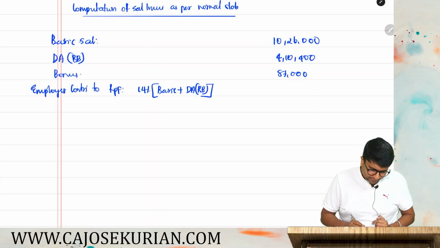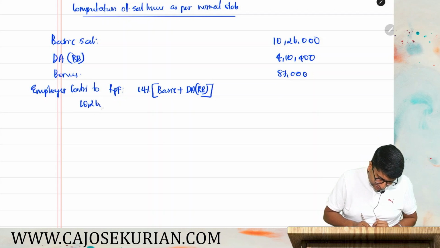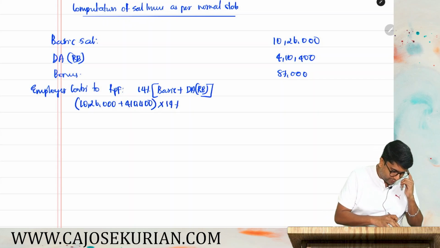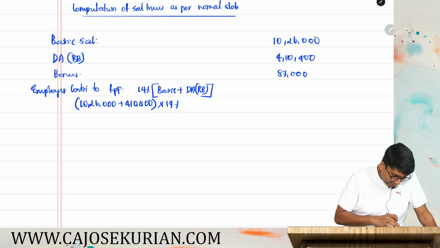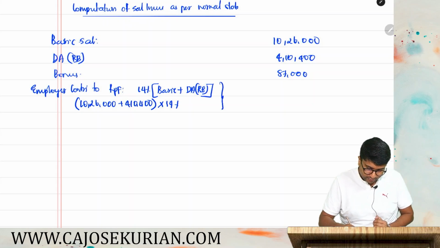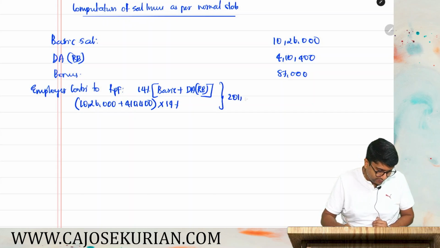So 10,26,000 plus 4,10,400 into 14% is the actual contribution. 10,26,000 plus 4,10,400 is 14,36,400, into 14%, that is 2,01,096, the actual contribution.